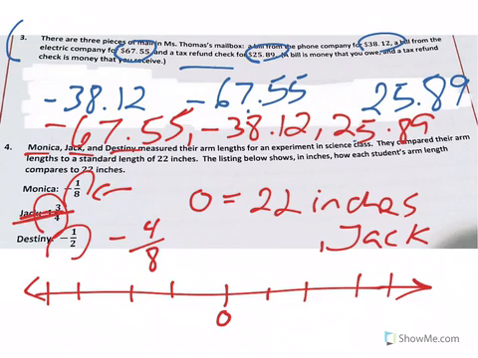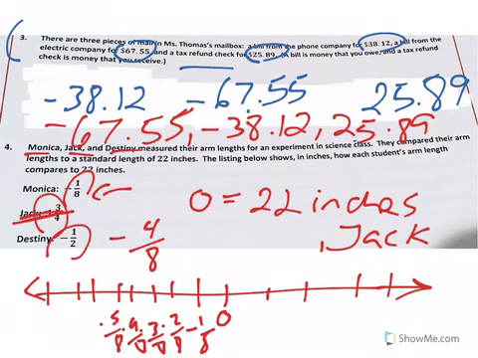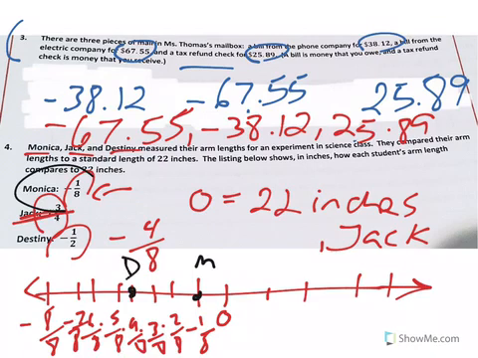So we could make these into eighths: negative 1/8, negative 2/8, negative 3/8, negative 4/8, negative 5/8, negative 6/8, negative 7/8, and negative 8/8, or negative 1. And in this case, Monica is negative 1/8, so there's Monica. Destiny is negative 4/8 because that's 1/2. She'd be here.